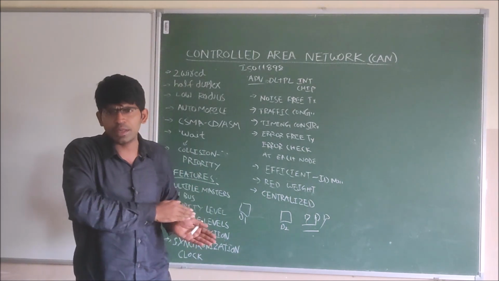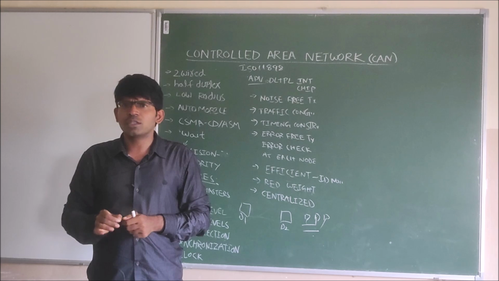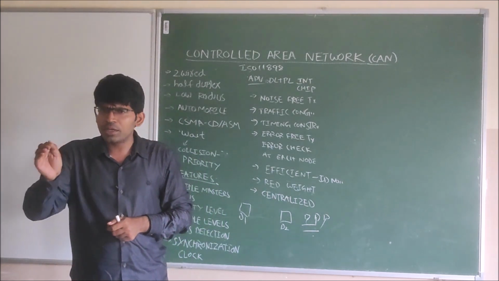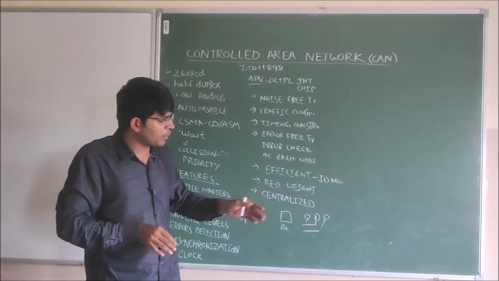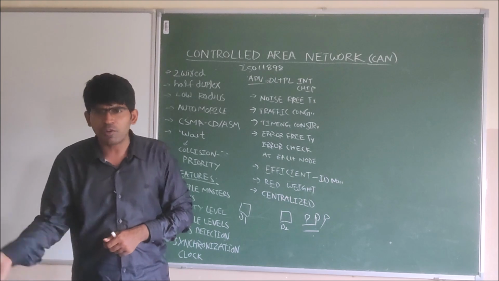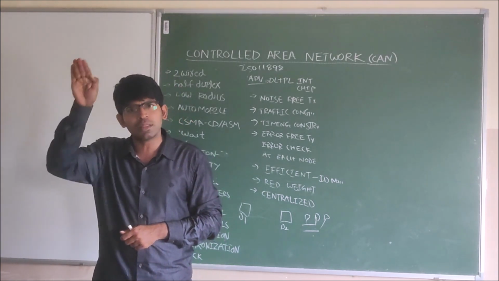That's why we went for the next method, non-persistence. There we are actually waiting for some amount of time. There is no doubt we are reducing the collision with this waiting method. But the problem is, during the wait, the first station might have already completed its transmission by that time.